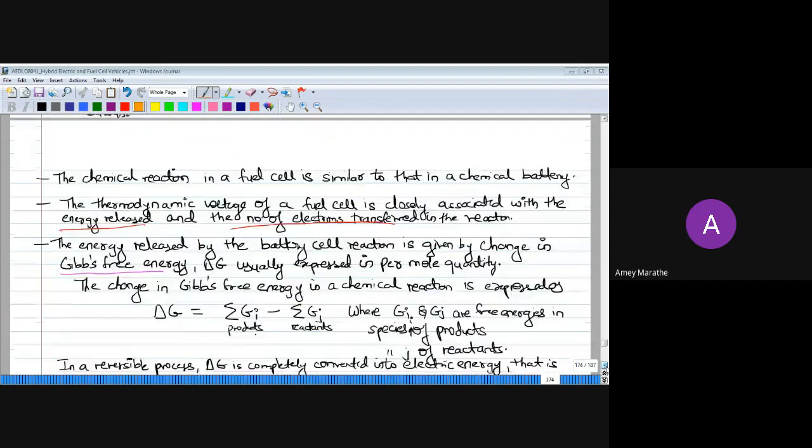So fuel cell will produce electricity as long as you are able to supply the fuel, which is hydrogen. The thermodynamic voltage, or as we call it, the open circuit voltage of a fuel cell, is closely associated with two things: the energy released, and the number of electrons transferred in the reaction.